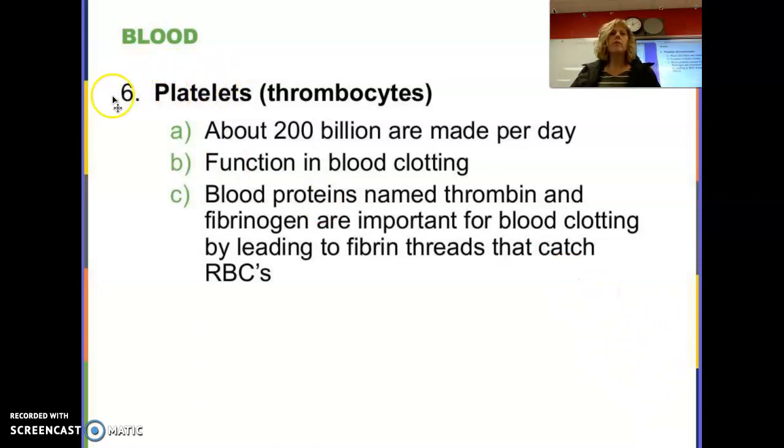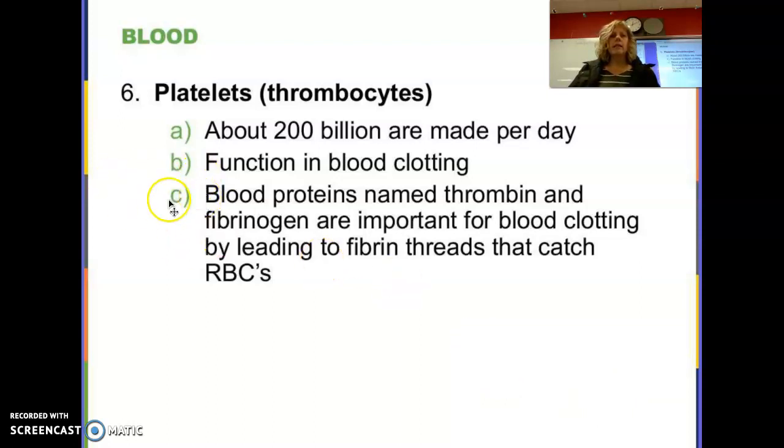People who have the disease hemophilia do not have adequate amounts of working platelets, and they can have a pretty minor injury and bleed to death if their platelet counts are really low.